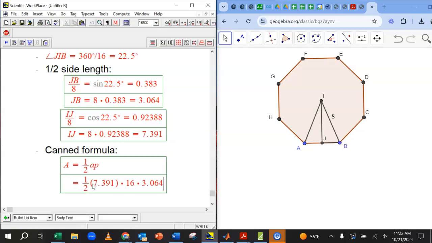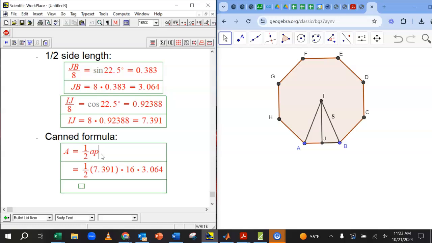Okay. So there's your apothem. We got it from a cosine calculation. There's your half side length. Got it from a sine calculation. There's how many half side lengths are in an octagon, and then we put it into that master formula. Again, even if you forget this master formula, just find the area of this one triangle.